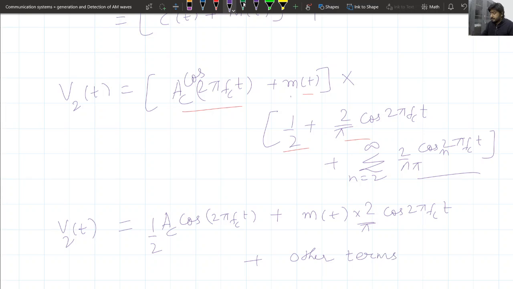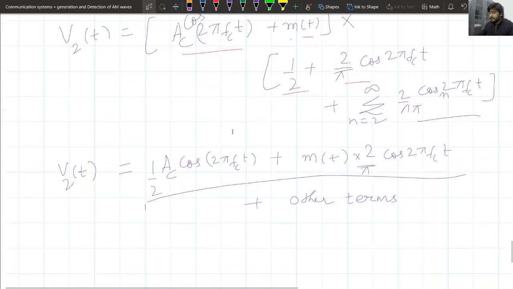We are only interested in this term because this is the form of the modulated amplitude wave.